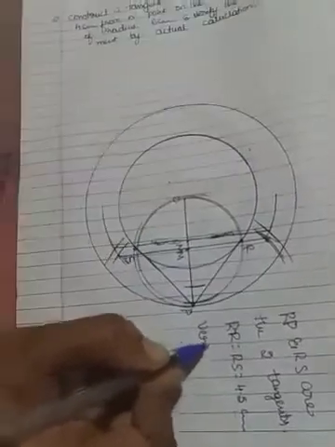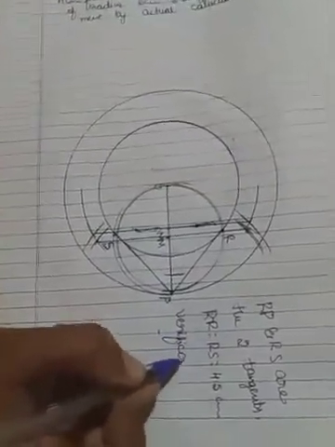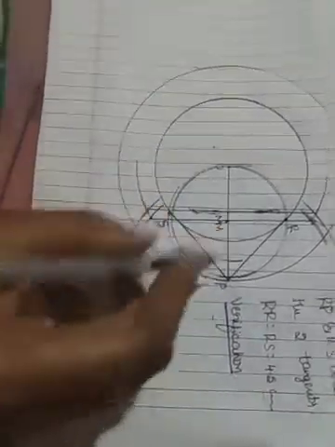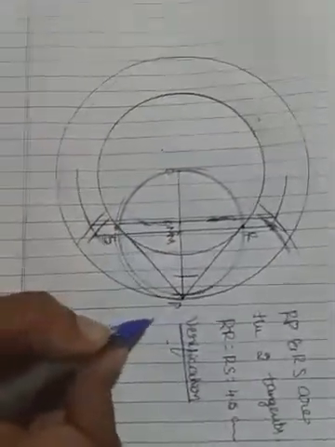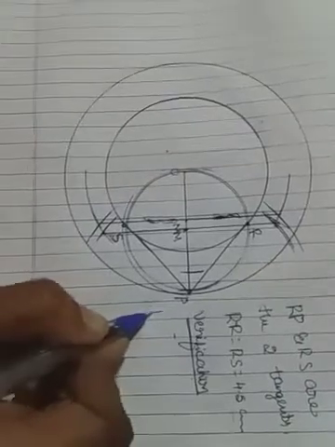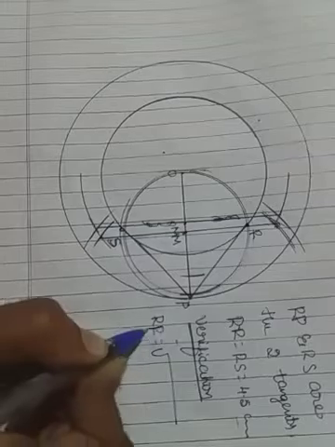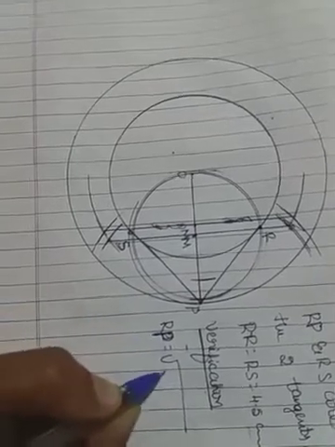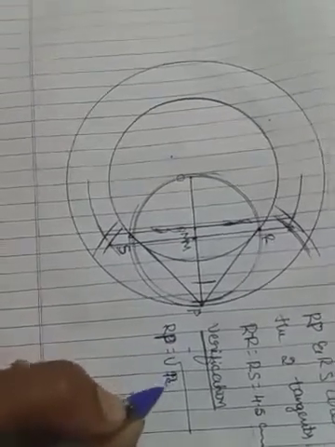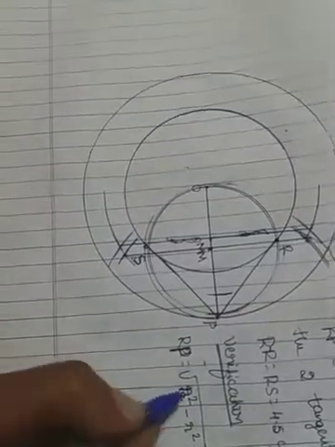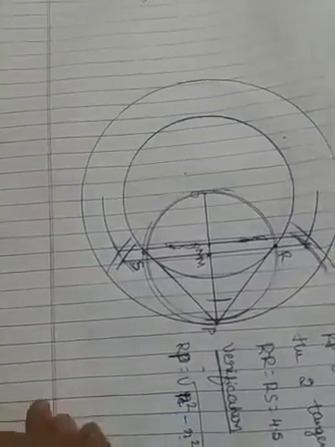Verification is by the calculation method. So we know the formula for the length of the tangent: RP equals the square root of big circle radius R square minus small circle radius r square.